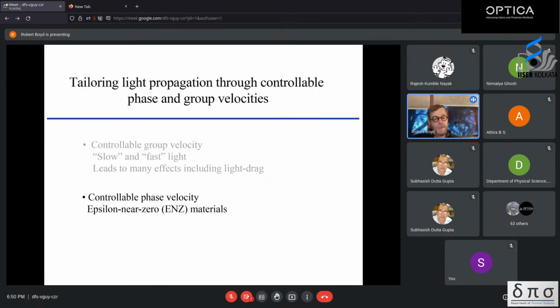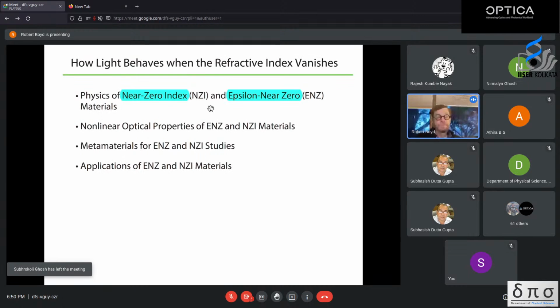Okay, so that was the first half of the talk, or maybe I should say the first segment of the talk, because the second part is longer. It's how to control the phase velocity and how to do so using epsilon near zero materials. When I say epsilon, I mean the dielectric constant or the dielectric permittivity.